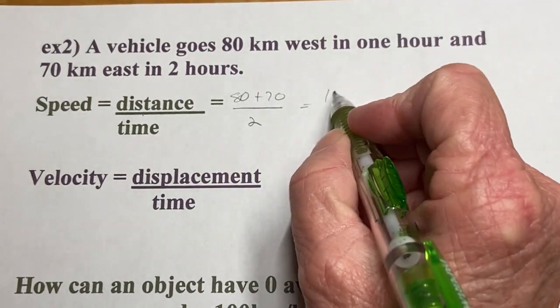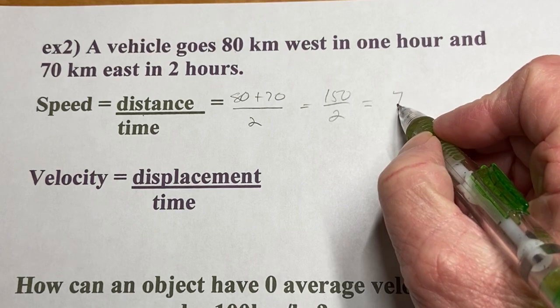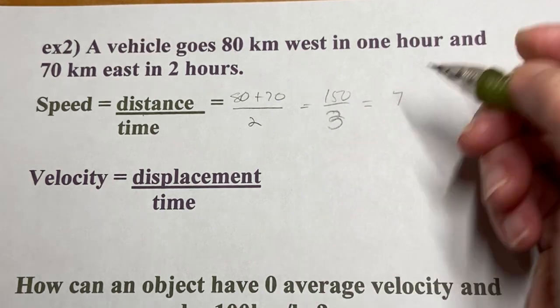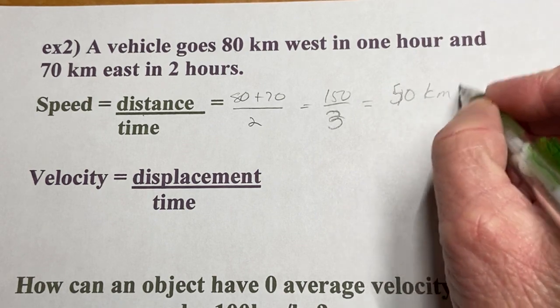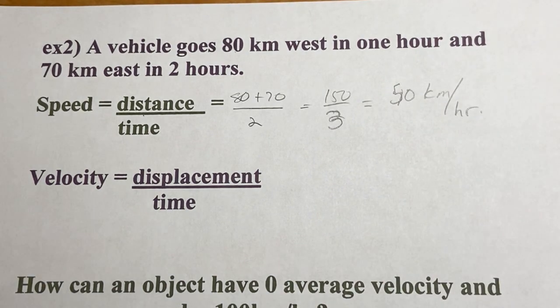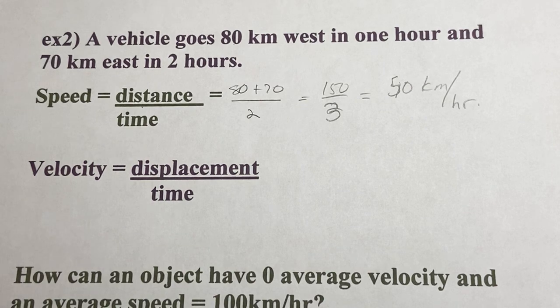So if I just work this out, 150 over 3, we're going to have 50 kilometers per hour. Okay, that's an average, the way you would figure out your speed going in a car anyway.